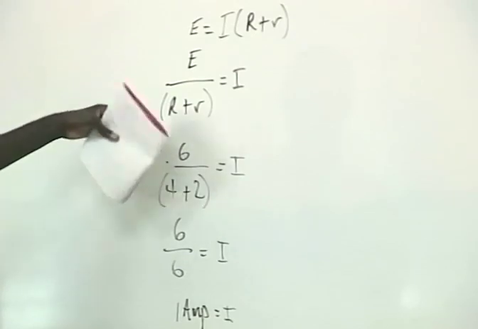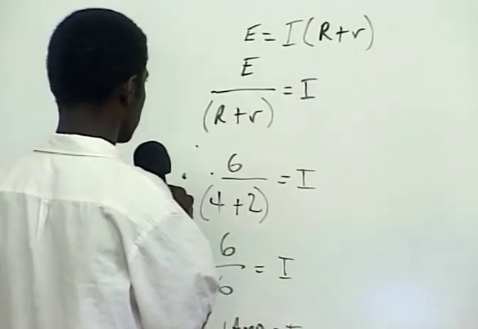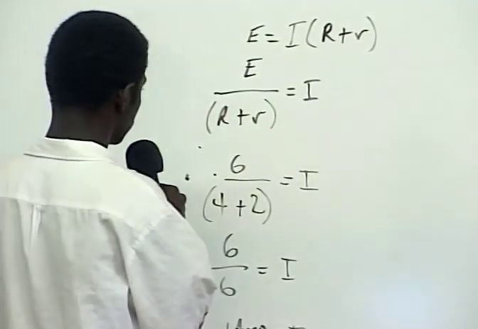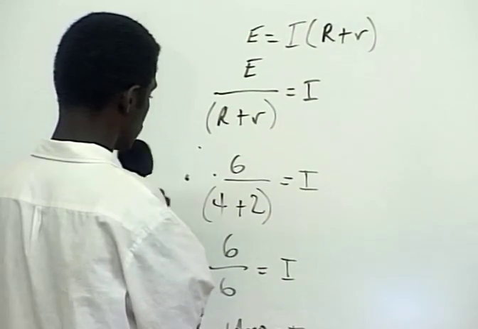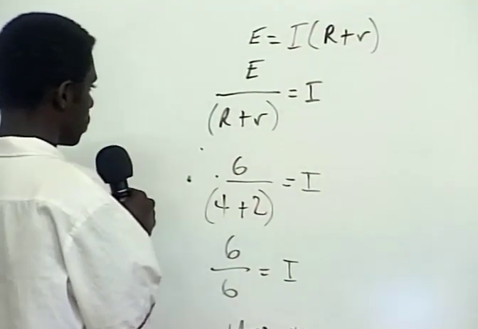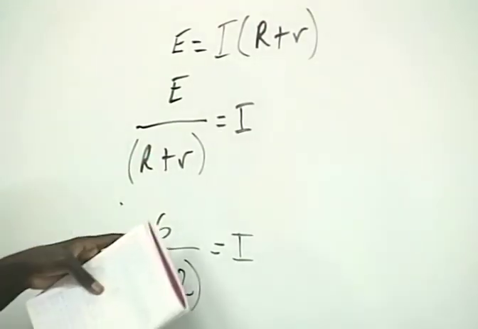For question 1, I use the formula E is equal to I brackets R plus r. To find the current, you transpose the formula to find I, so it will be E over R plus r. You know that the e.m.f. is 6 volts.